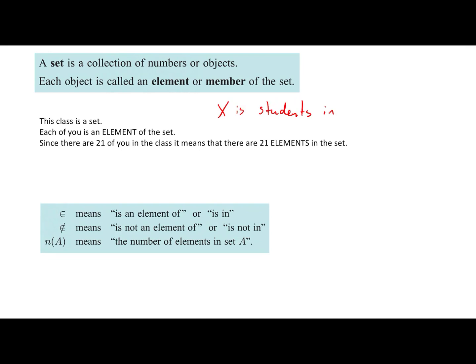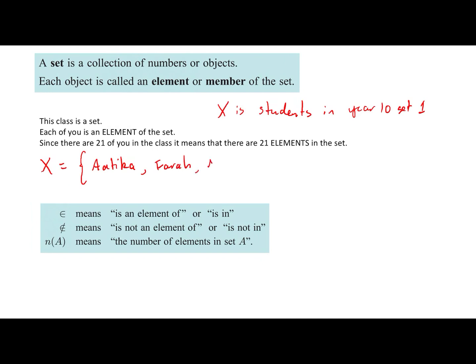So the way I could write this, I might say something like this. X is students in year 10, set 1. Okay? And what I do is I write it like this. X is equal to, and then I use these kind of funny brackets here, and I can list all the elements of the set.